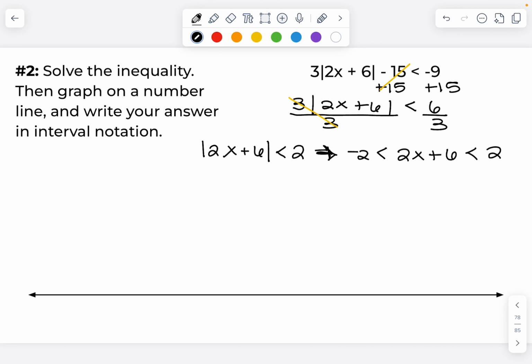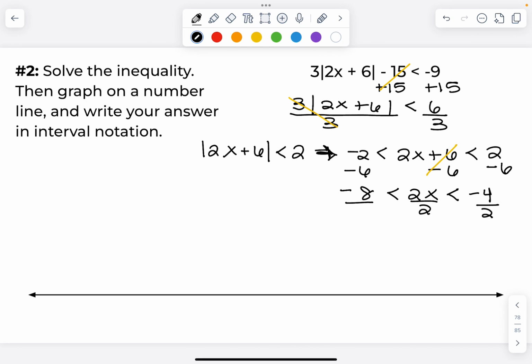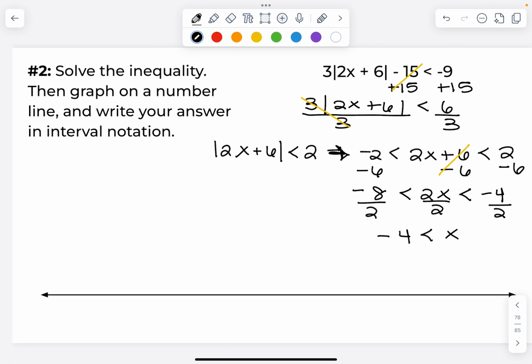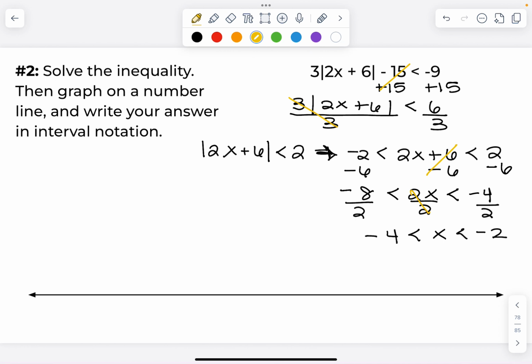Now I'm going to solve this compound inequality by subtracting 6 on both sides. When I do that, I get -8 is less than 2x less than 2 minus 6, which is -4. Divide both sides by 2. I get -4 is less than x, which is less than -2.